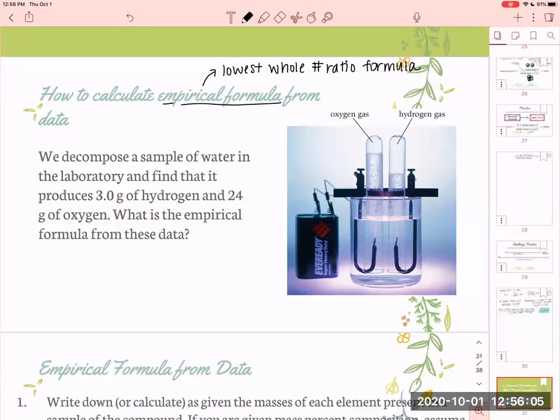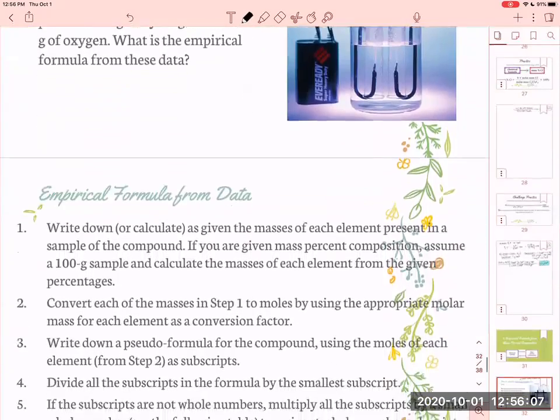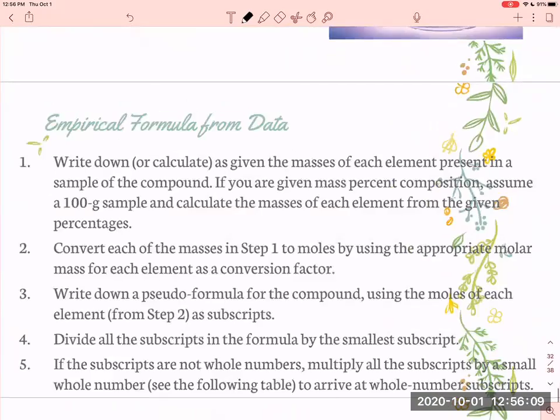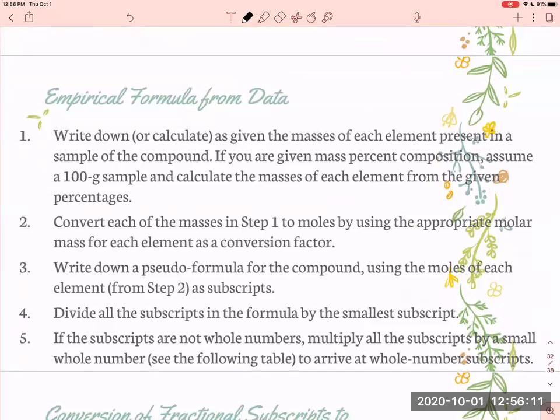So I'm going to follow these steps. It may be helpful for you to screenshot these steps so that you can use them, or pause and write them down in your notes. These are the steps outlined in your text that will produce for you an empirical formula.